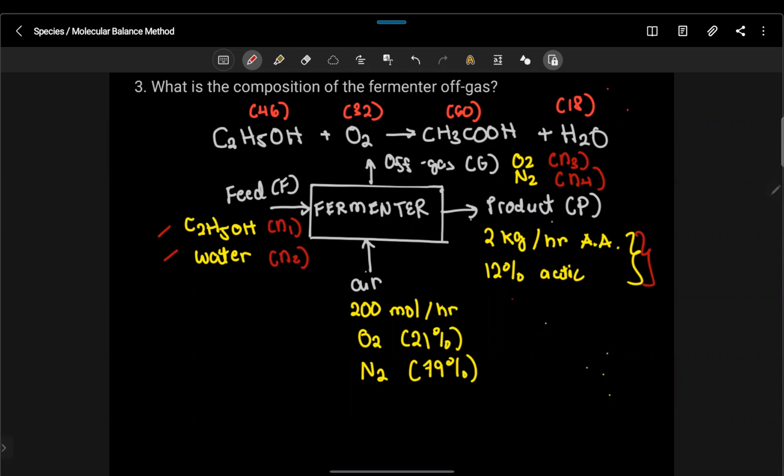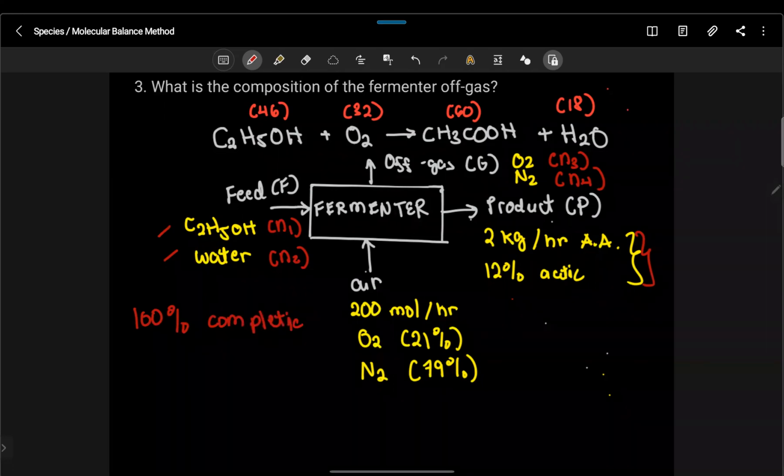Okay? So, in other words, what we're going to assume here is 100% completion. Okay, kasi hindi pa nangyayari tong process na to. Target pa lang. So, if we have 100% completion, ibig sabihin, ang makuha natin na value ni N1 and N2 ay yung mga minimum values.